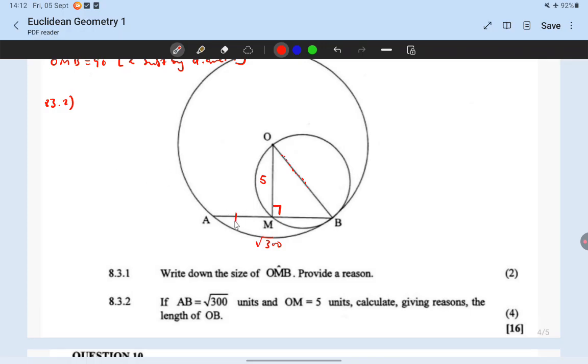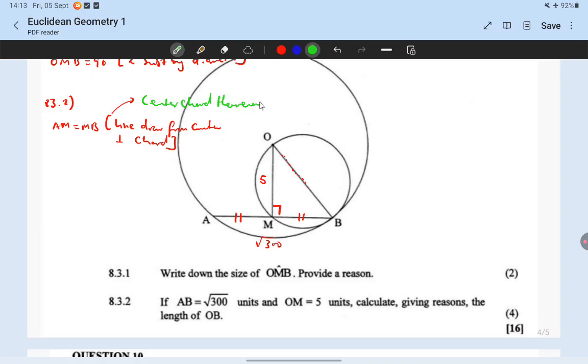So this means that this side must be equivalent to that. So we can first state that AM is equal to MB. Why? Because a line drawn from the center perpendicular to the chord. Or some people like to call it the center chord theorem.